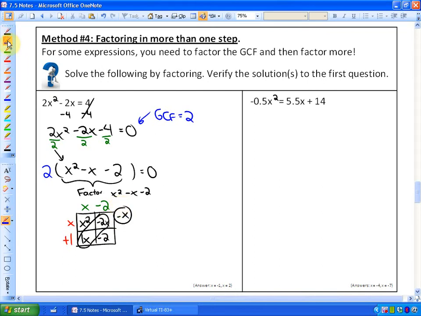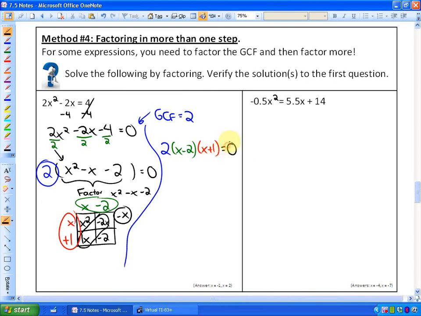So your factors here would be what I have in blue, what I have in green, and what I have in red. So our factors would be 2 times x minus 2 times x plus 1 equals 0.